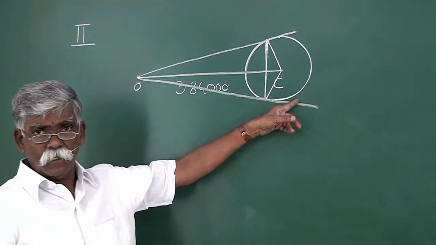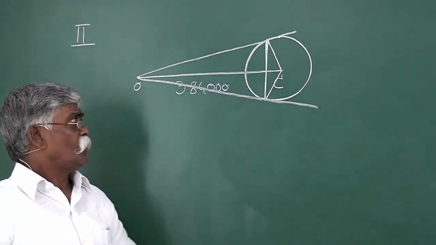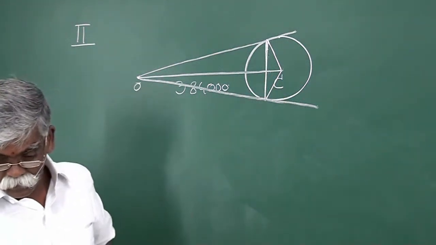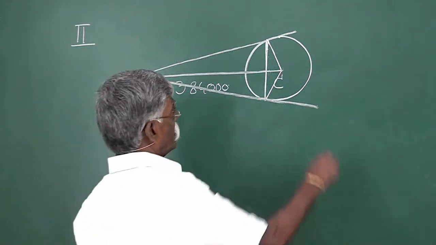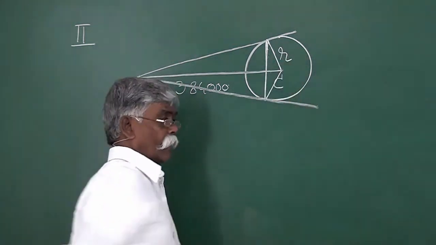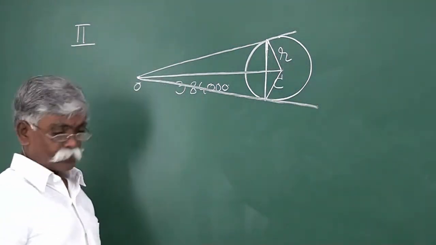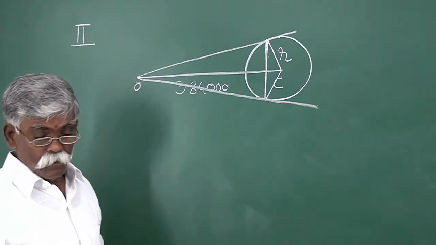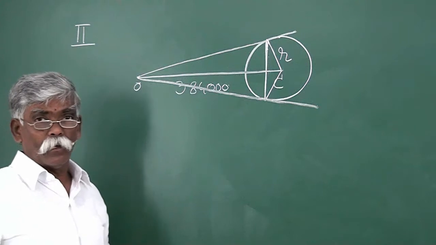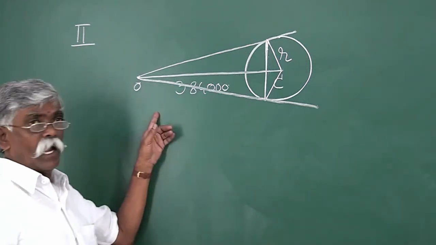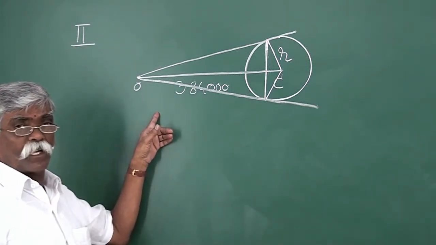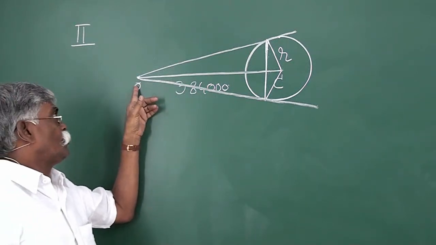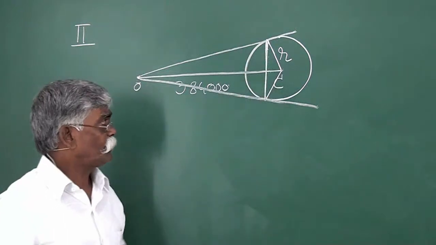So this is the moon. The center of the moon is taken as C, and let us take this radius of the moon to be R. Now, a tangential cone is made so that the vertex of the cone is at the observer O. So therefore, this is the cone.